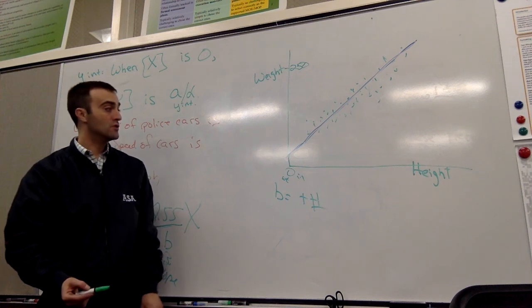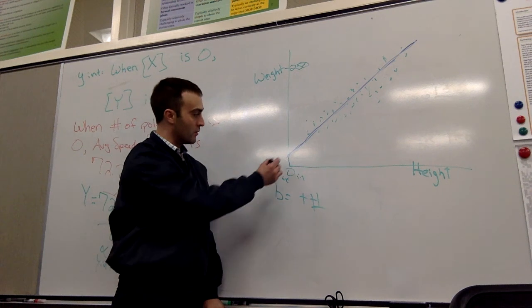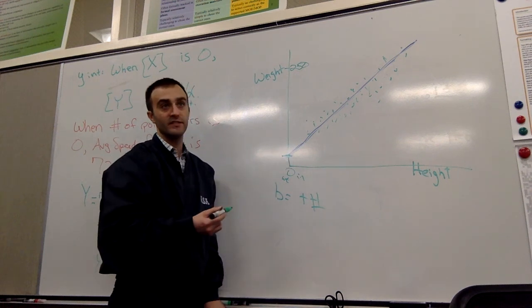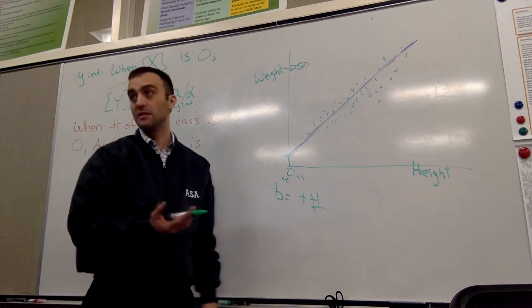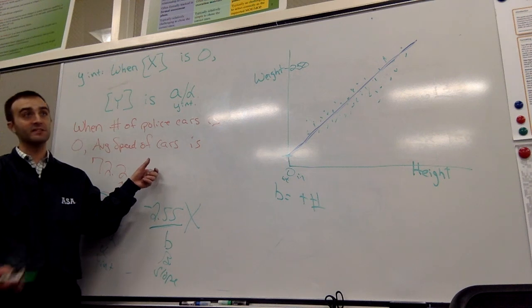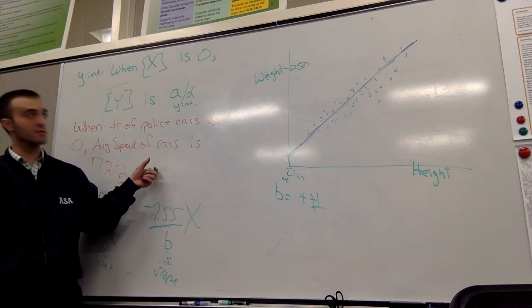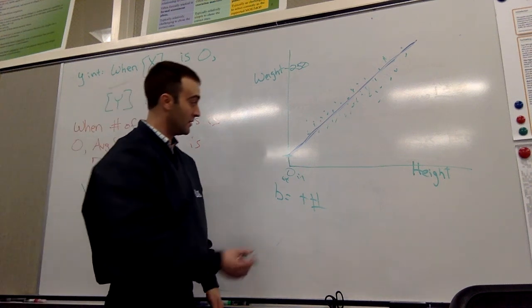Okay. So when x is 0, or when height is 0, the computer says somebody still weighs something. That doesn't make any substantive sense. So sometimes your y-intercept will make substantive sense, like, yes, it is possible to have 0 police cars on the street. It's very much possible that that situation could happen.